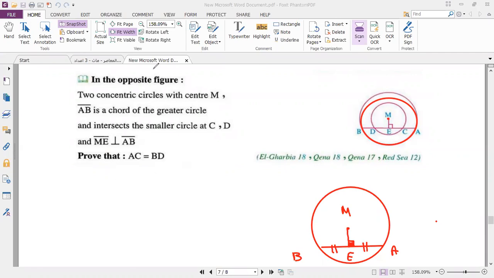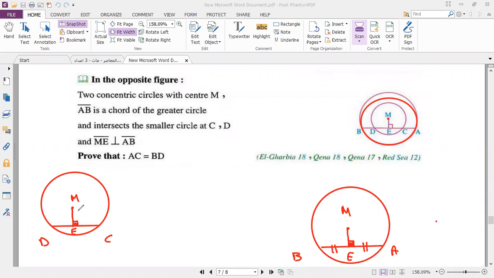So in the smaller circle, again, we have DC. DC is the chord in the smaller circle, and ME is perpendicular to this chord. So we reach a conclusion. I'm not caring about writing the proof. I focus on understanding, and you are able to write.